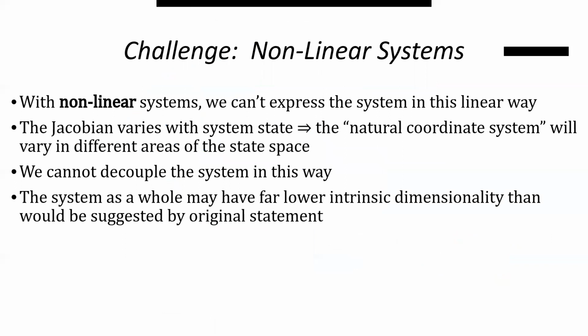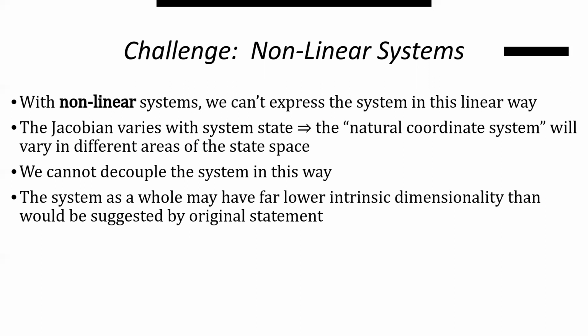So with nonlinear systems, we can't express a system in a linear way. We can't just take it apart into nice pieces, each of which we deal with in isolation, and then assemble our understanding for the behavior of the whole from those pieces. Instead, we are stuck with this intrinsic entanglement, this hideous sort of twisting together of the system.